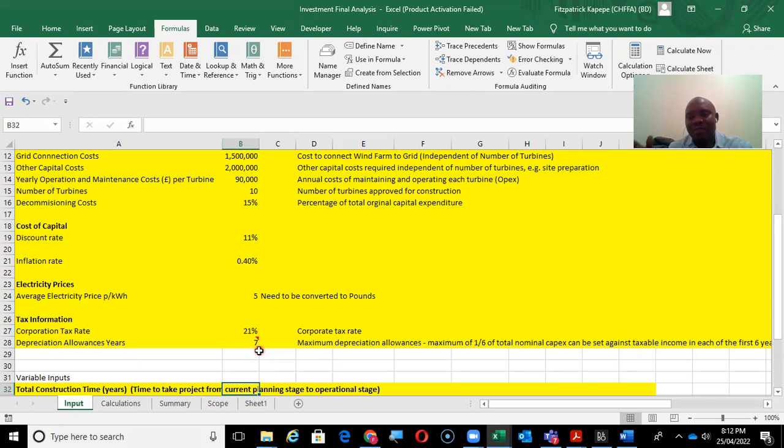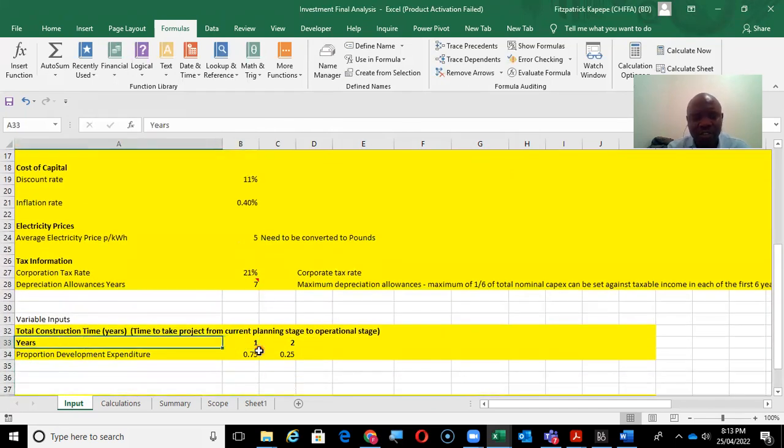So you have the 2 years of construction, then the 20 years of commercial operation. Depreciation should come in just at the time that you have started generating revenues from your turbines. Then we'll see how it is modeled.